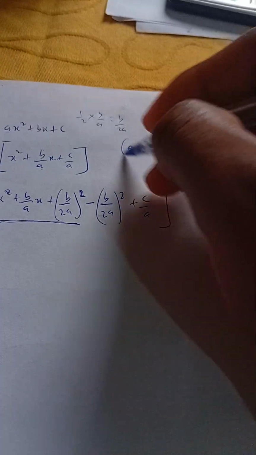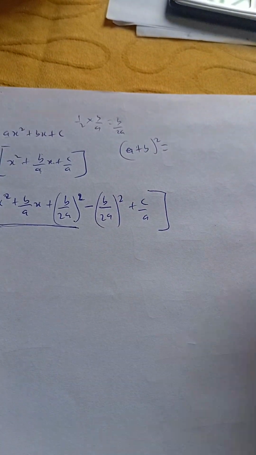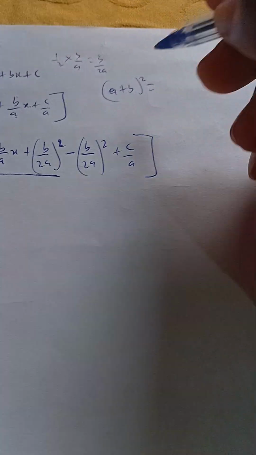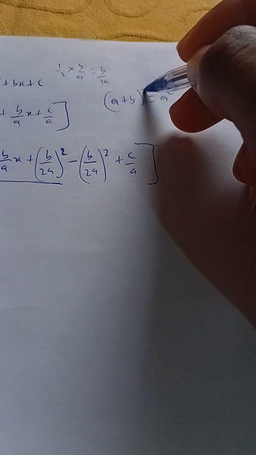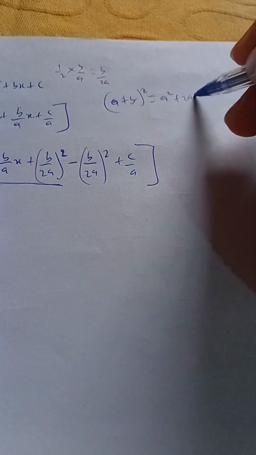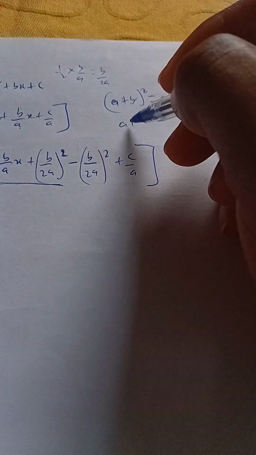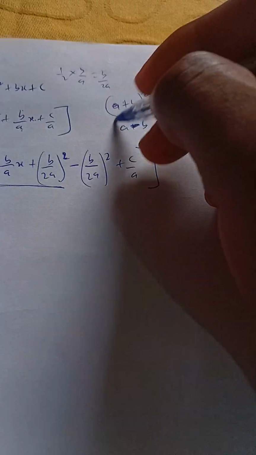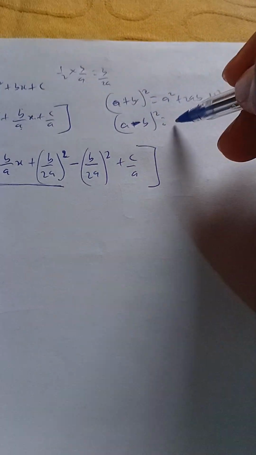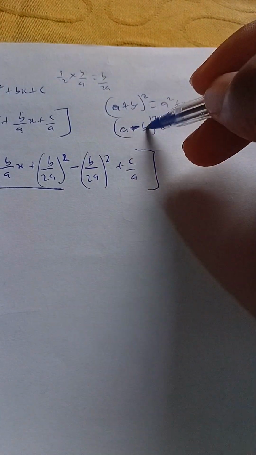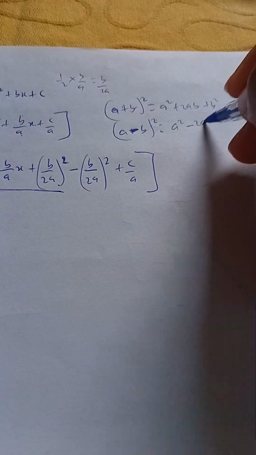If you have a plus b all squared, ignoring the long way, just square the first value, this times this, you get 2ab, then you square the last one, b squared. Similarly, if you have a minus b all squared, you square the first one, a squared, 2 times a times minus b, minus 2ab.